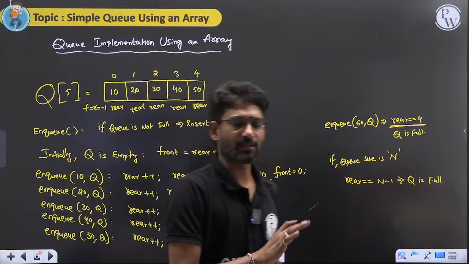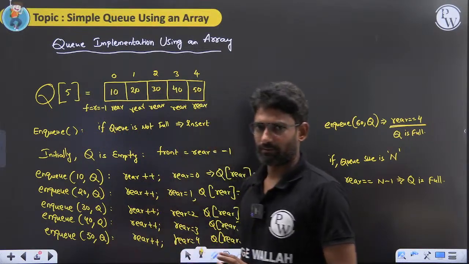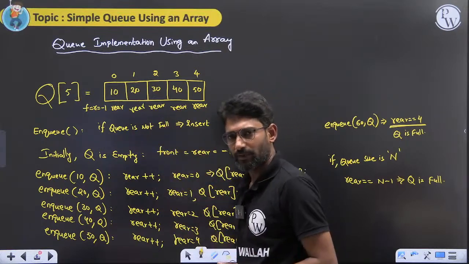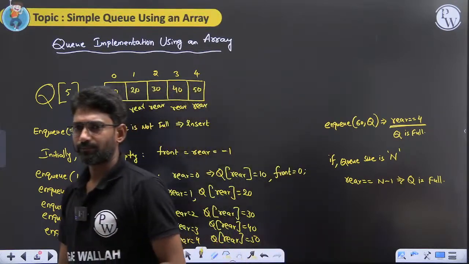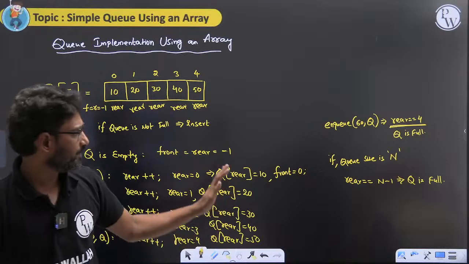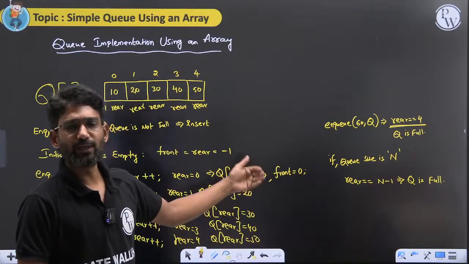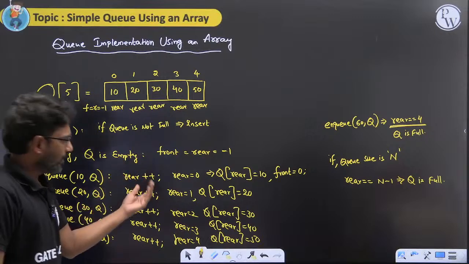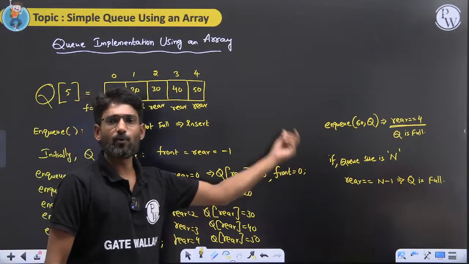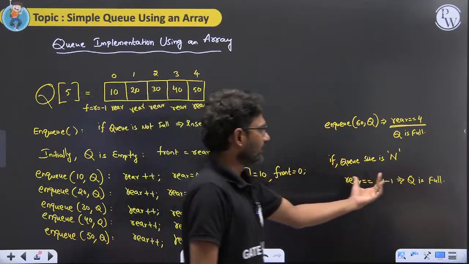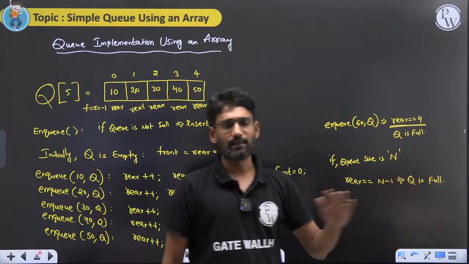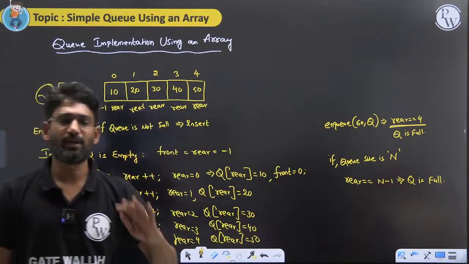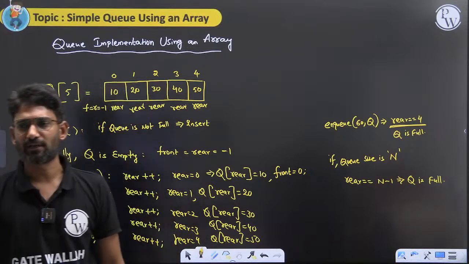This is just the procedure, not the code. Code we will write based on what we have done. But as of now, everyone understood how we are doing the enqueue operation, what we are checking, what we are updating, and how we are inserting, and how we are concluding that from this moment onwards we will not be able to insert anymore.